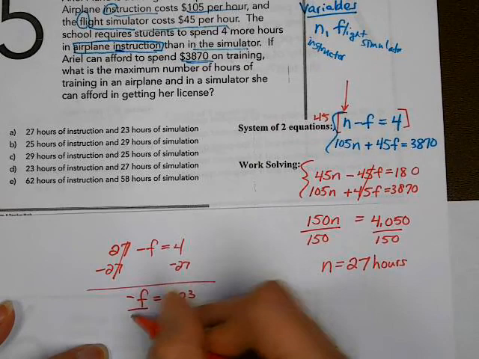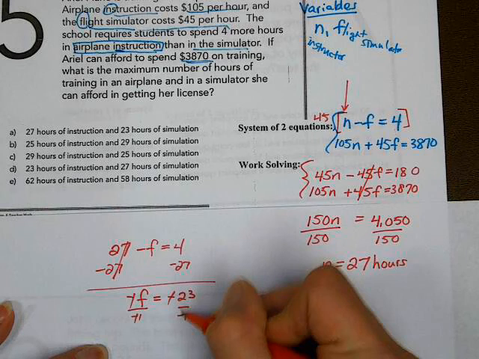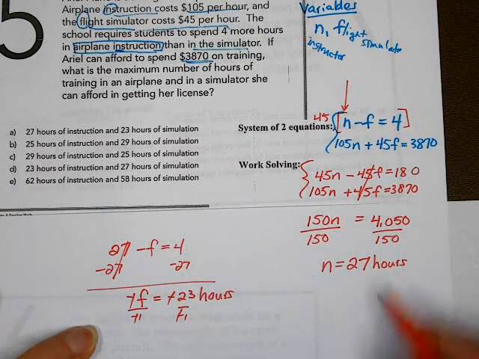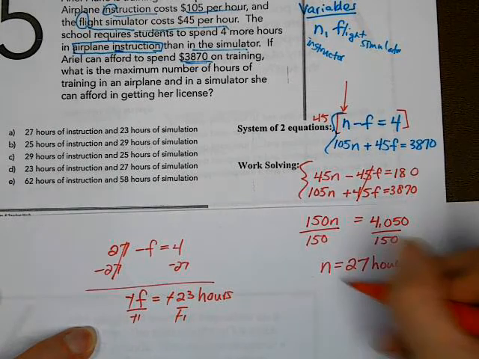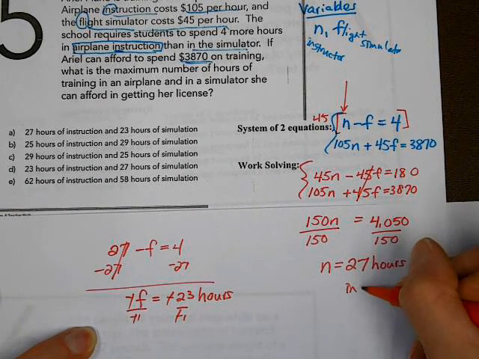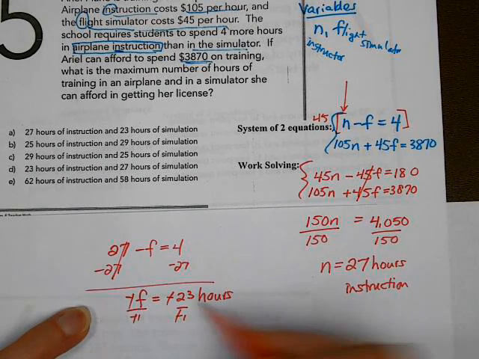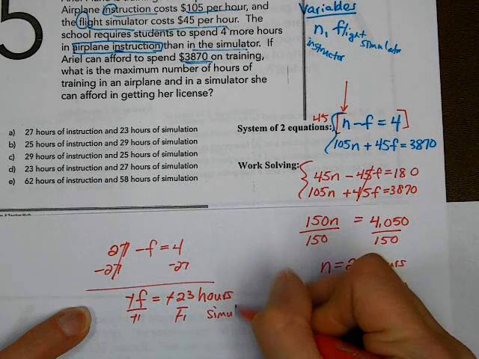When you divide both sides by negative 1, it cancels out to a positive. So I'm thinking 27 hours for N, instruction, and then 23 hours in the simulator.